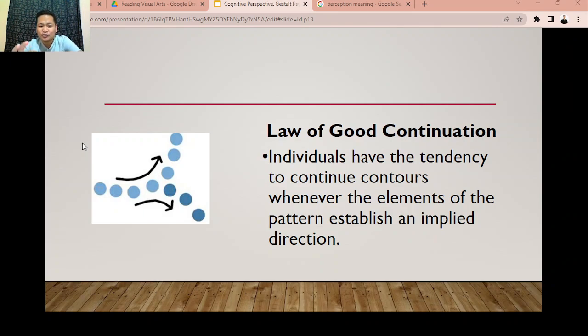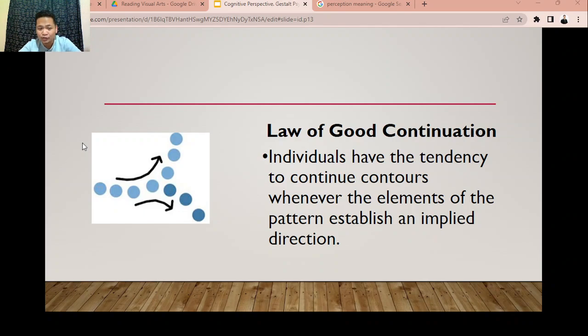Okay? Since there is good continuation here in relation to teaching learning process class, dito pumapasok yung review of previously learned lesson. Diba si teacher, may review muna siya, 5 minutes review, before siya mag-start ng another class. And we make sure that our lesson today is related to the topic that we studied before.